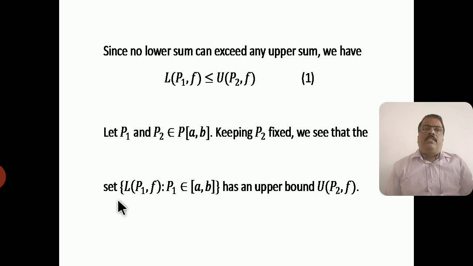So from this we conclude that the set of all lower sums L(P1,f), where P1 belongs to P([a,b]), has an upper bound U(P2,f). Okay.